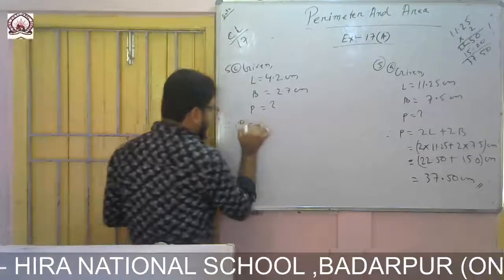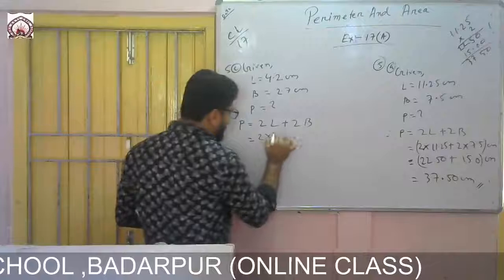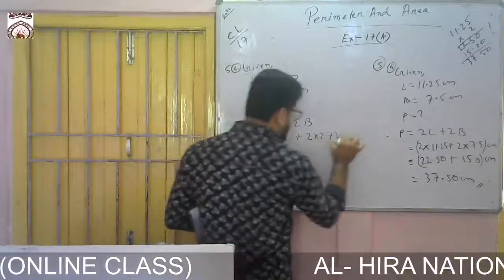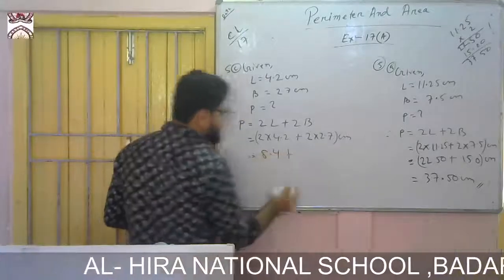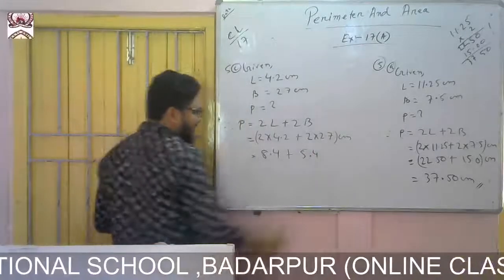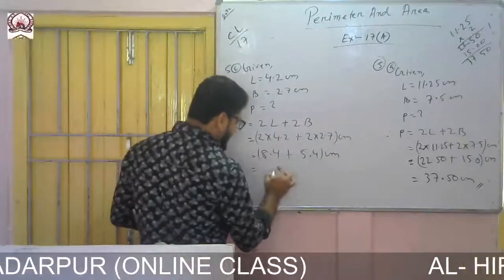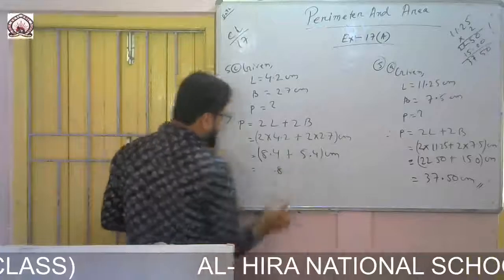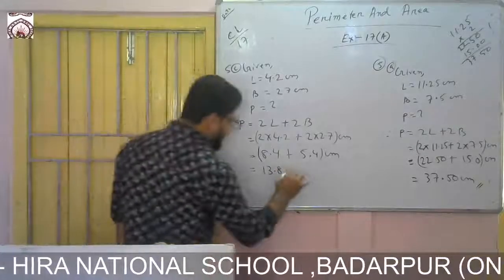So P equals 2L plus 2B, which is 2 into 4.2 plus 2 into 2.7 centimeter. 2 fours are 8, so 8.4, and 5.4. Then 4 plus 4 is 8, and 8 plus 5 is 13. So 13.8 centimeter is the answer.